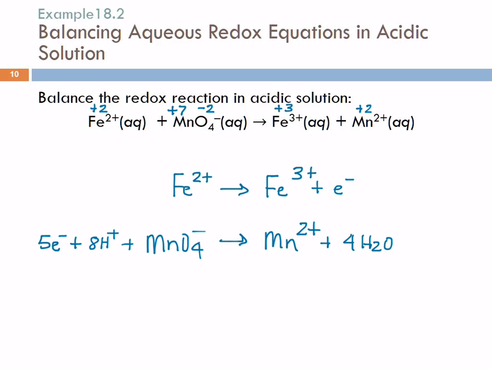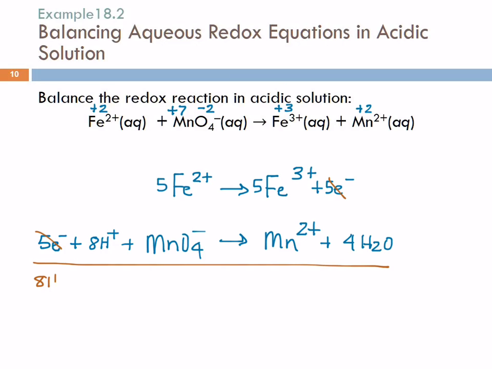So I'm just going to sneak a 5 in front of everything. Still balanced, but now when I add these 2 together, the electrons will cancel out. So we add them back together, the electrons cancel out.